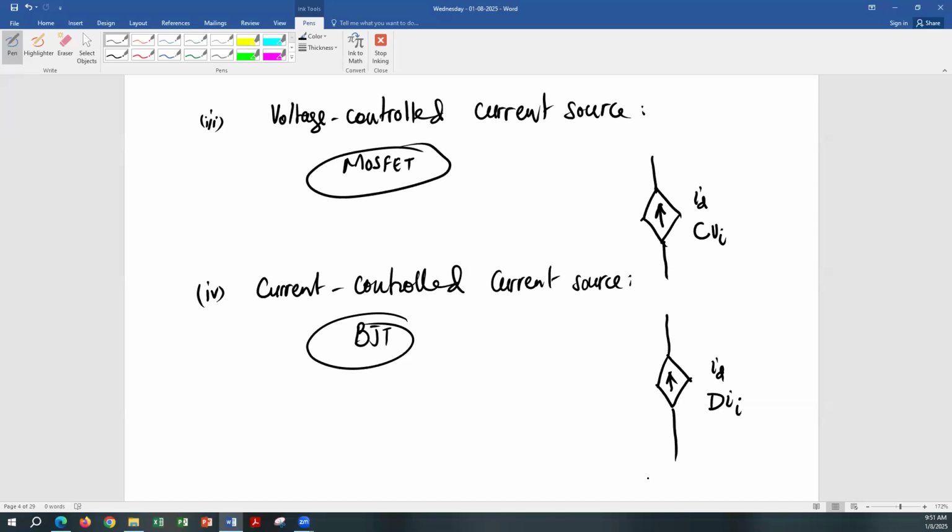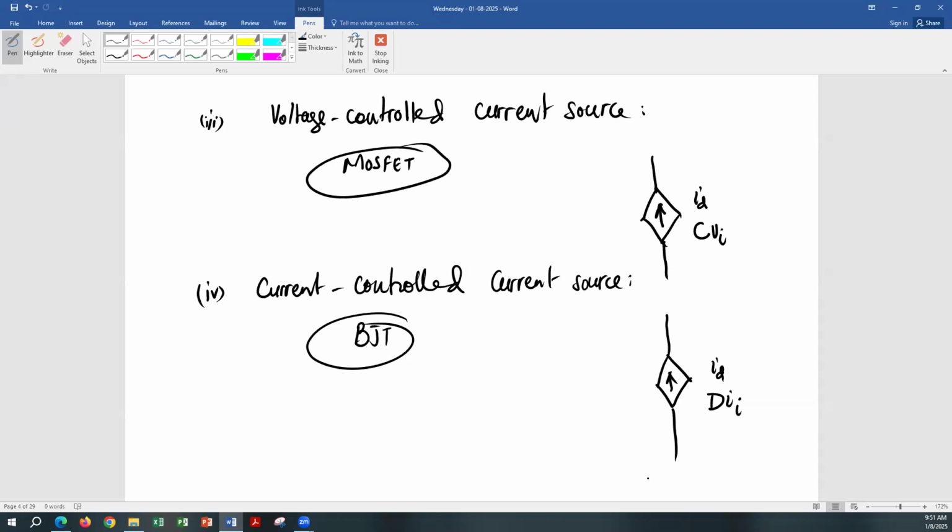They are not independent sources. Independent sources are the ones where you can just change the value and control whatever voltage or current they're generating. The value of dependent sources depends upon the voltage or current generated in some other part of the circuit. So if that value changes, the value of this source is going to change as well.